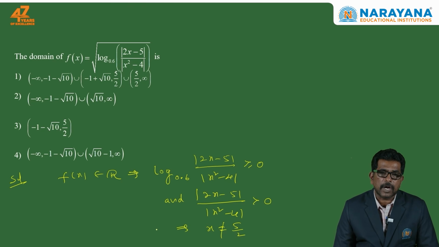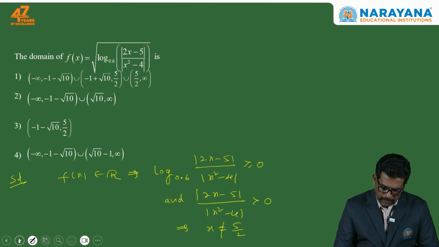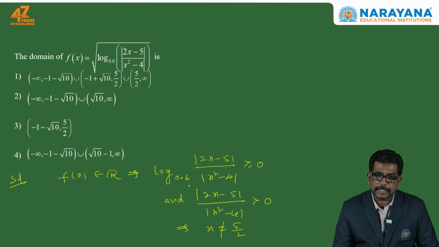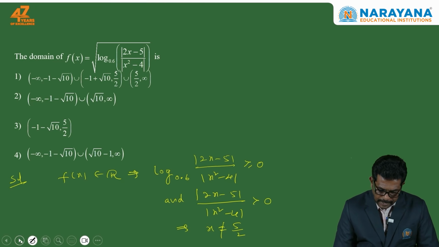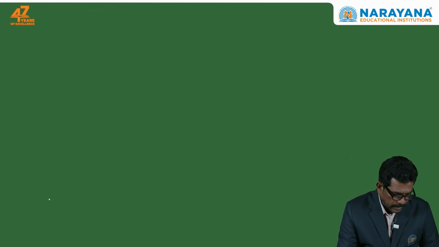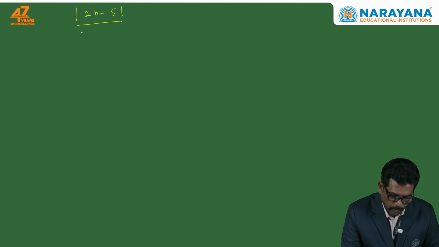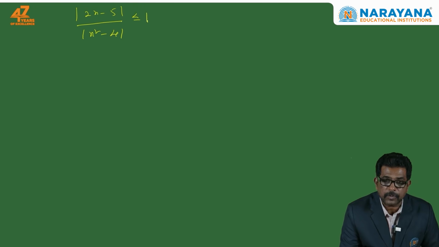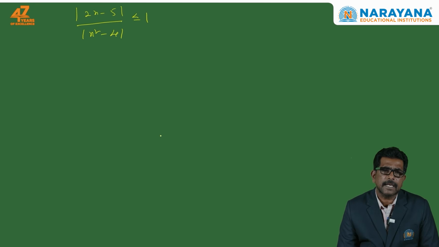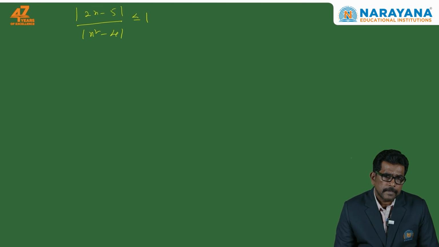By solving the logarithmic inequality, we get the answers here. So in a logarithmic inequality, when the base is less than 1, it changes the inequality. That is, we are getting here mod 2x minus 5 upon mod x square minus 4 is less than or equal to 1.